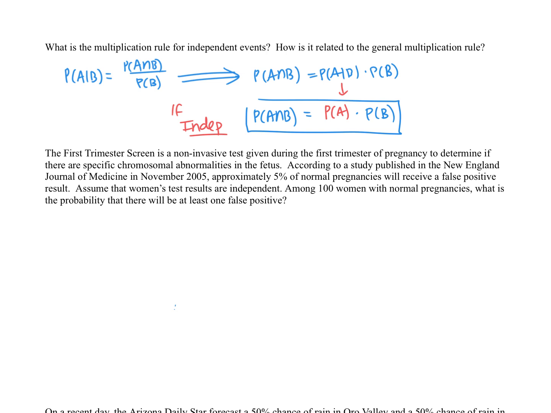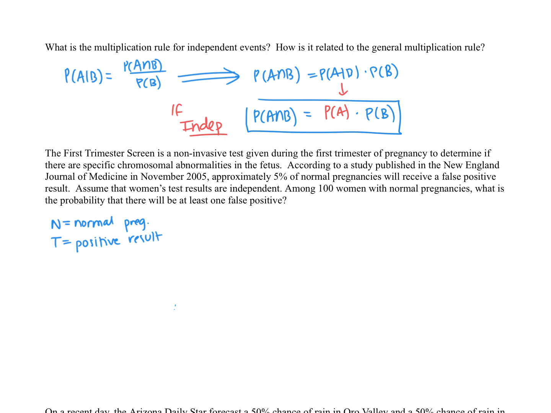Okay, so here's what we have going on. First of all, we have normal pregnancies, so I'm going to let N be a normal pregnancy. And then we have this positive result, so I'm going to let T be a positive result.